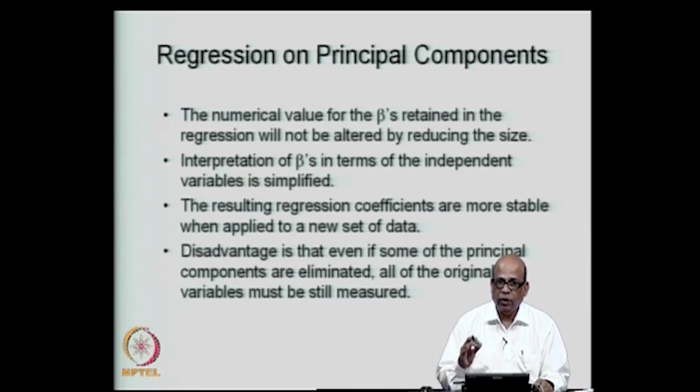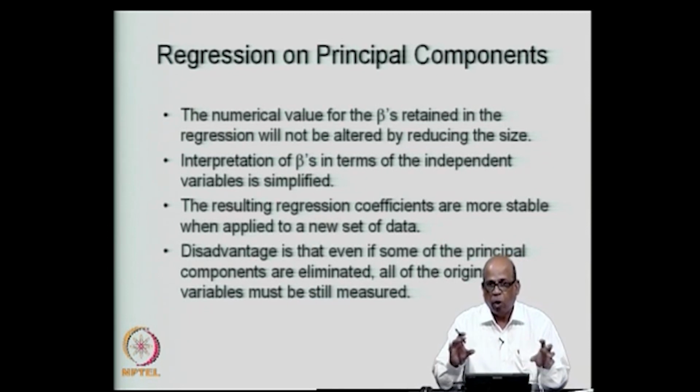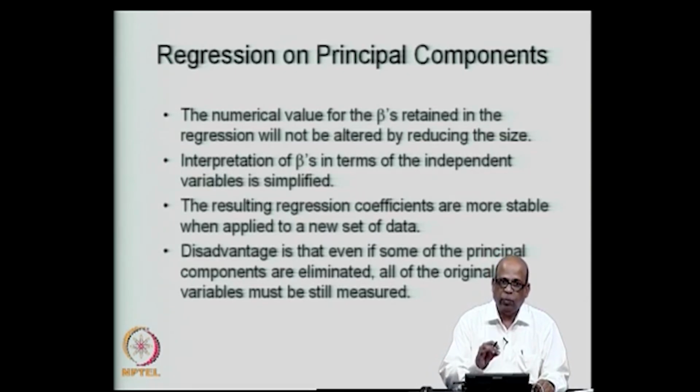This I keep on repeating, that the betas or the principal components that we are using now should not be related one to one with the original variables. These principal components are linear combinations of all these 10 variables. And therefore, even if you use only 3 principal components, the original data must be available for all the 10 variables. So, that is a minor disadvantage.